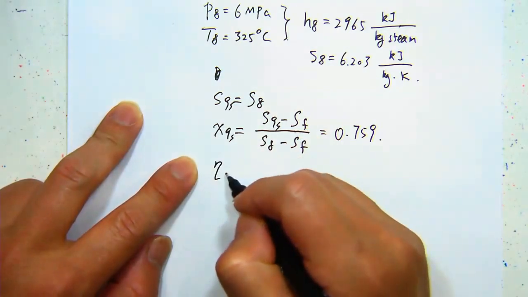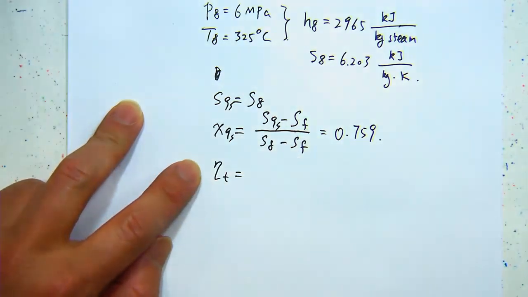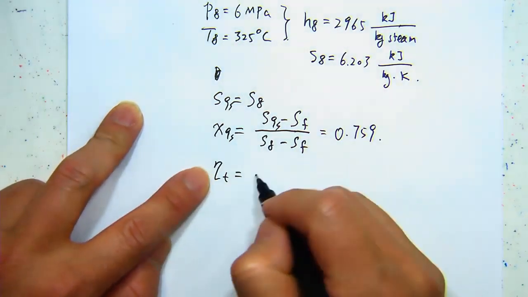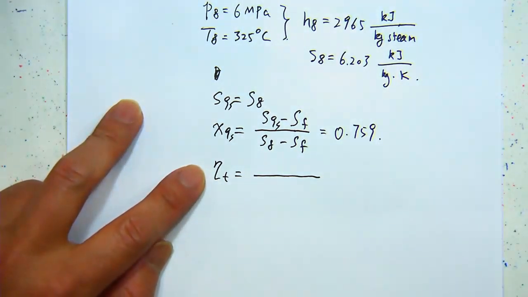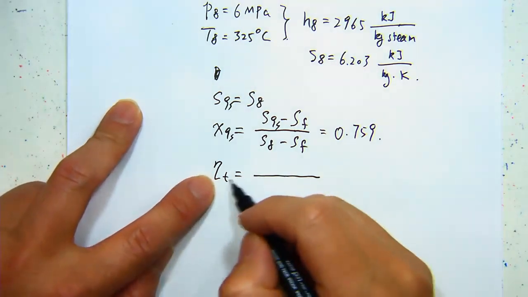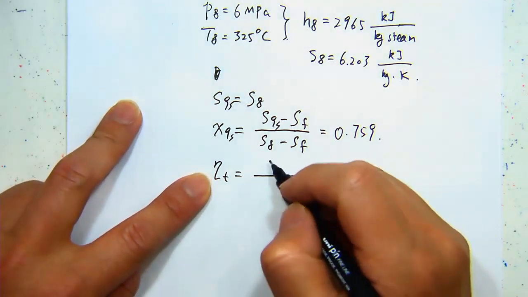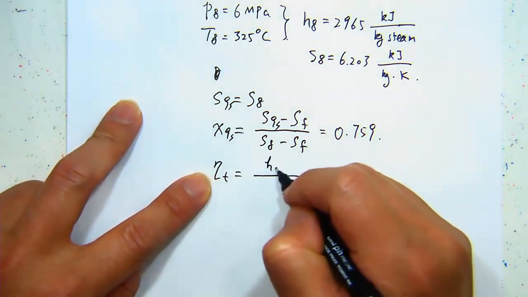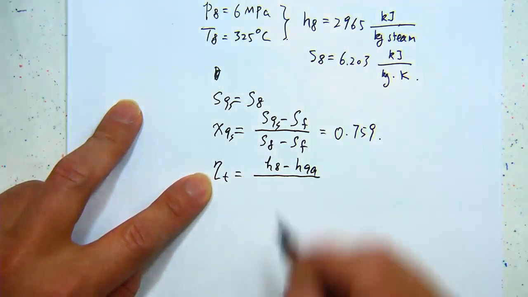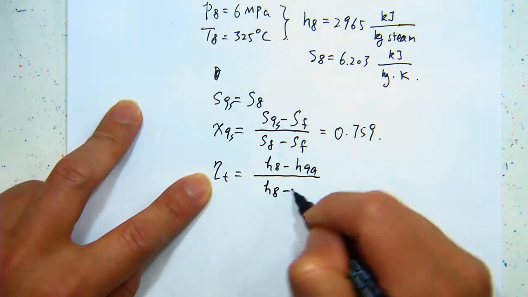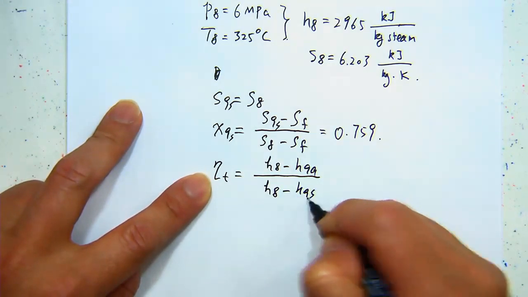We write the turbine efficiency, right? The turbine efficiency is defined based on the ratio containing the isentropic process and the actual process. So the turbine efficiency will be H8 minus H9 actual divided by H8 minus H9s.